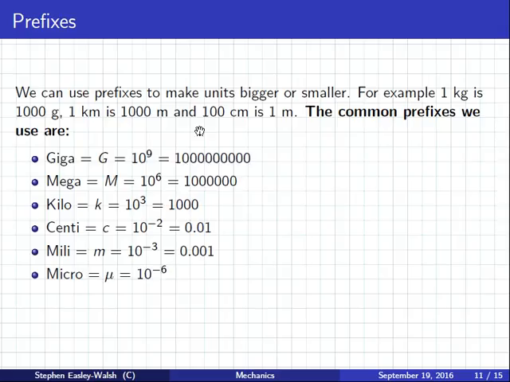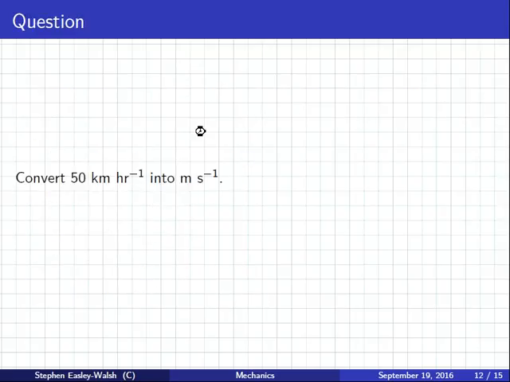Minus 6. Then it's nano. And the last one we'll have is nano, which is an N, which is 10 to the minus 9. Okay, got that?